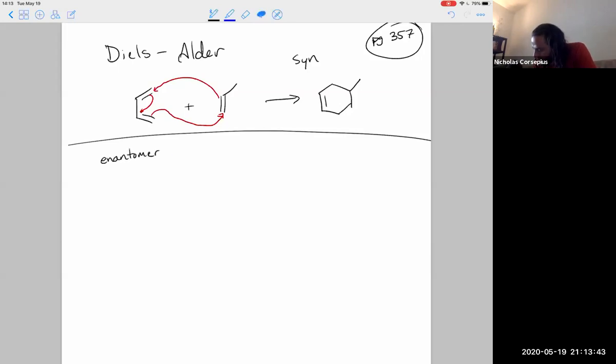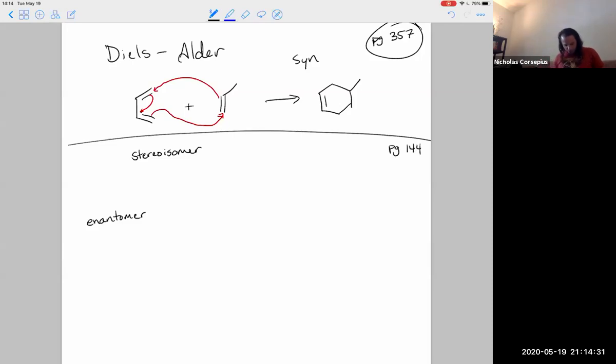So first of all, stereoisomer, actually, let me see if I can't find it, there's a really good flow chart in your book. Here we go. This will be page 144.